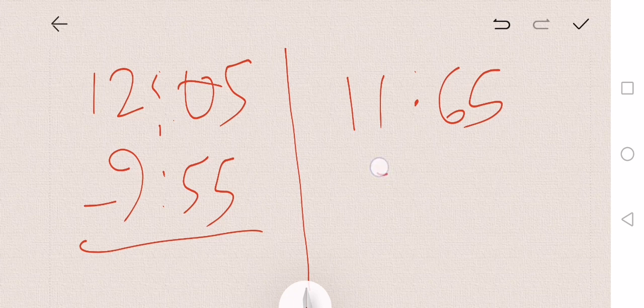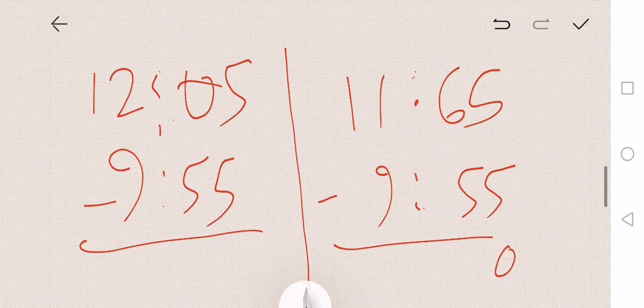Now it's going to match, because the top number is higher: 65 is higher than 55, and 11 is higher than 9. So now just do simple math. It took them 2 hours 10 minutes.